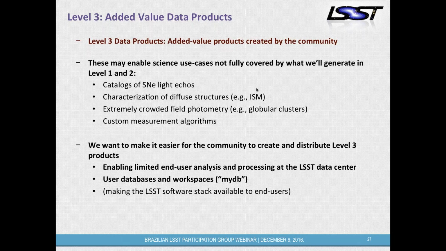But this is a fairly well-designed software product that's modular, that can be built upon. And one of the things that the community will be able to do is to take our code, modify it where it needs to be modified, or add features that they need for their science case, and then just rerun it.